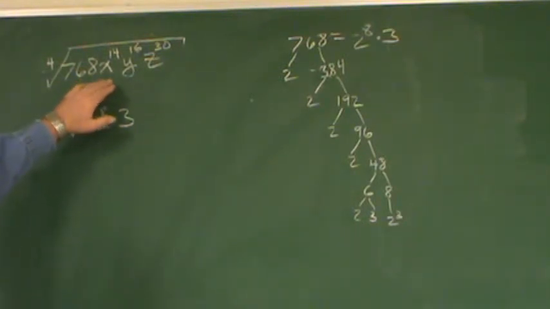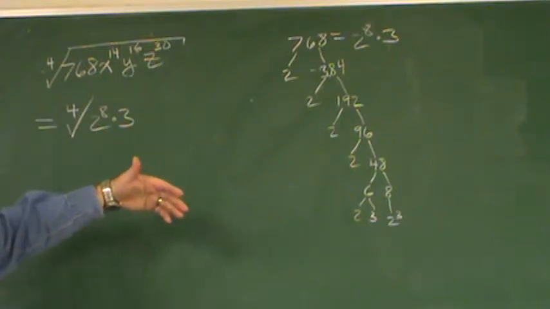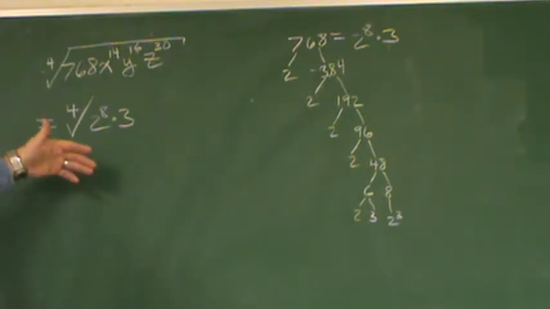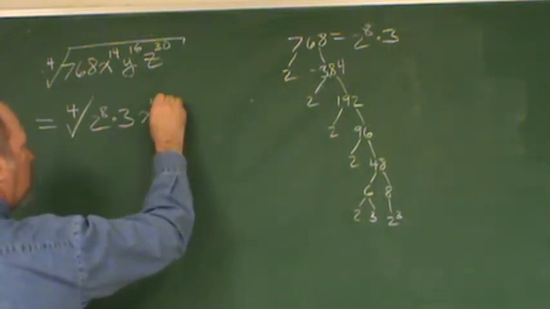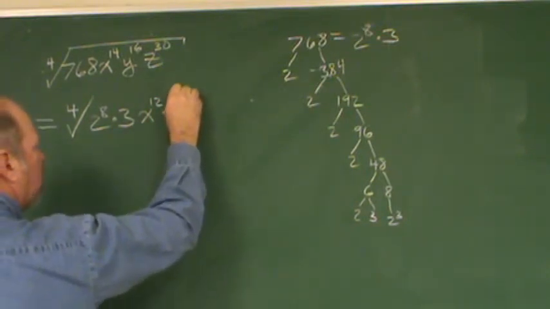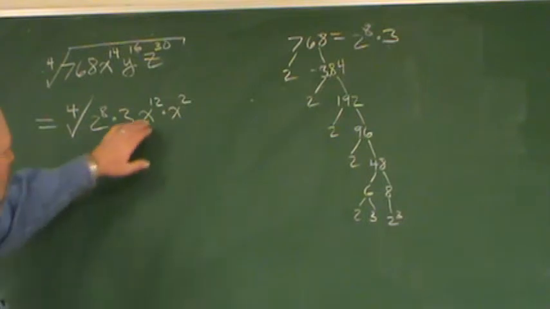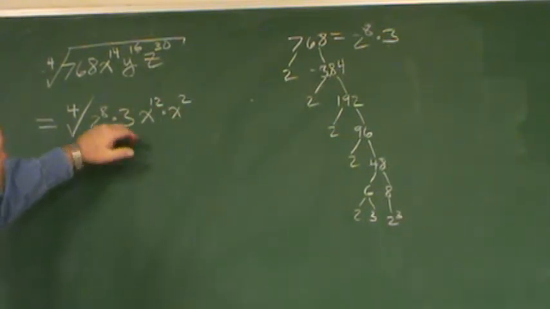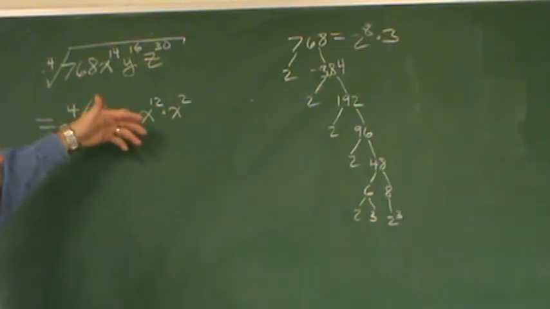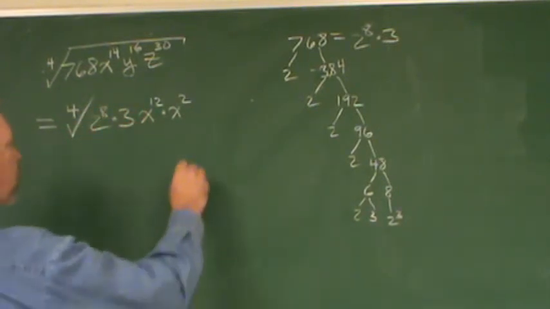X to the 14th. I can't divide 14 by 4 and come out even, but I can write x to the 14th as x to the 12th times x squared. I can divide 12 by 4, and 2 is smaller than 4, so that's what I want to do. Now 16, I can divide that by 4, so I don't have to do anything in that.